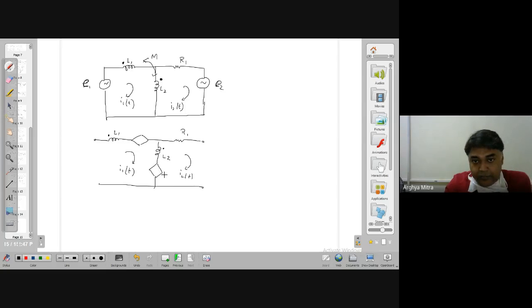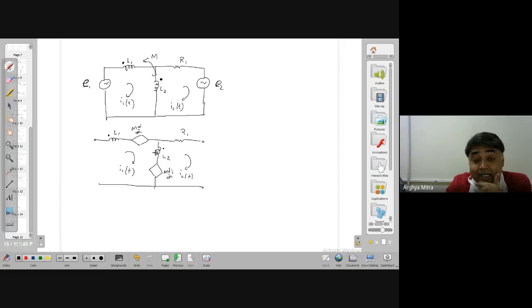What will be the value of the voltage source? The value of the voltage source will be M d/dt of the current flowing through this. What is the current flowing through this? It is I1, isn't it? So I1. And this will be M d/dt of the current flowing through this, which is how much?